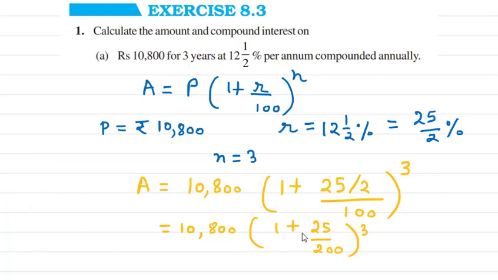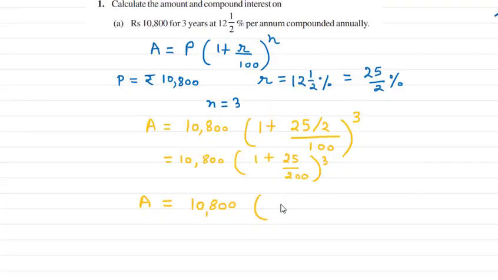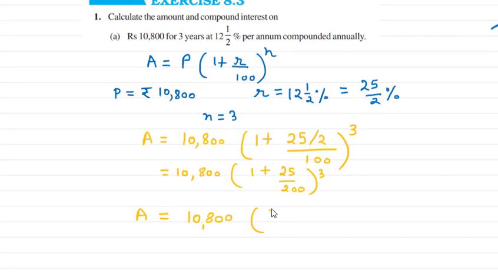So now we will just calculate this one. Here if you want you can cancel, so it will be 1/8 whole cube. Now further you can solve it. So it will be 10,800 into (8 plus 1 divided by 8) whole cube. So this can be simplified.